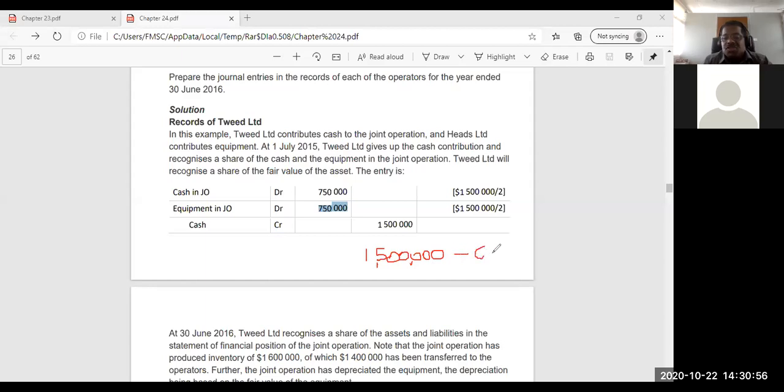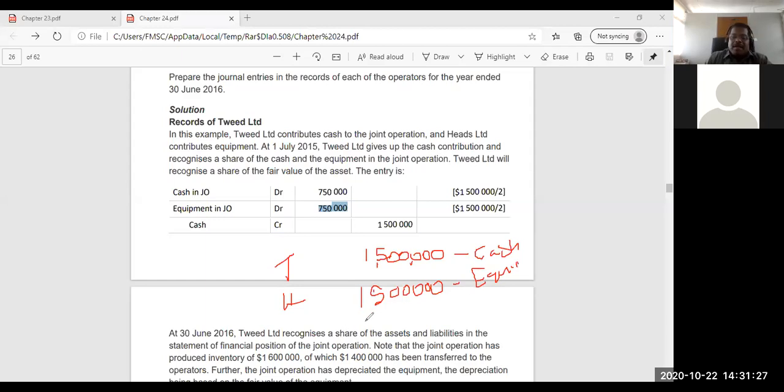This is cash, right? That was contributed by T, and H contributed again 1,500. That is true. But this is not in cash. This is, I think, one particular asset, maybe equipment. I can't remember what it is.